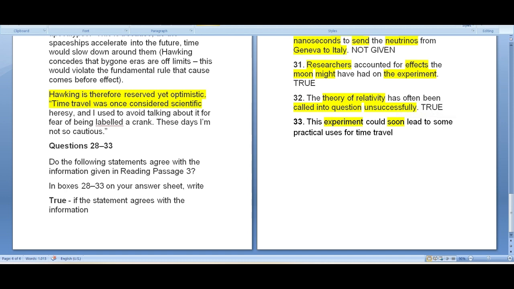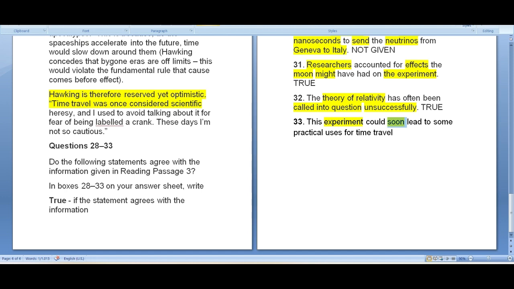Because the text inside might say, or any text, now we use that as an example, this experiment could lead to some practical uses for time travel in the long, far away future. And you might get confused and if you didn't see that little word here, you say, oh yes, true. No, it's not, because look what it says here, soon, pretty soon. So in that case, it would be false.